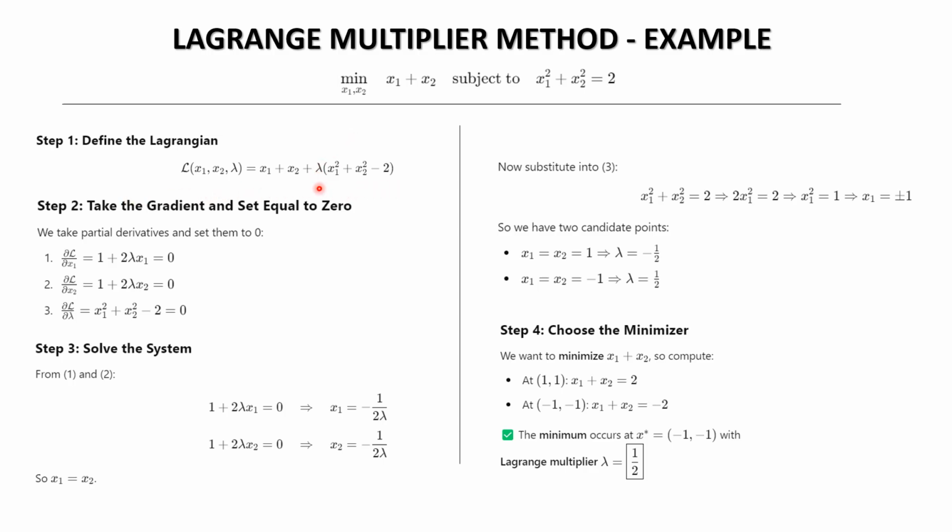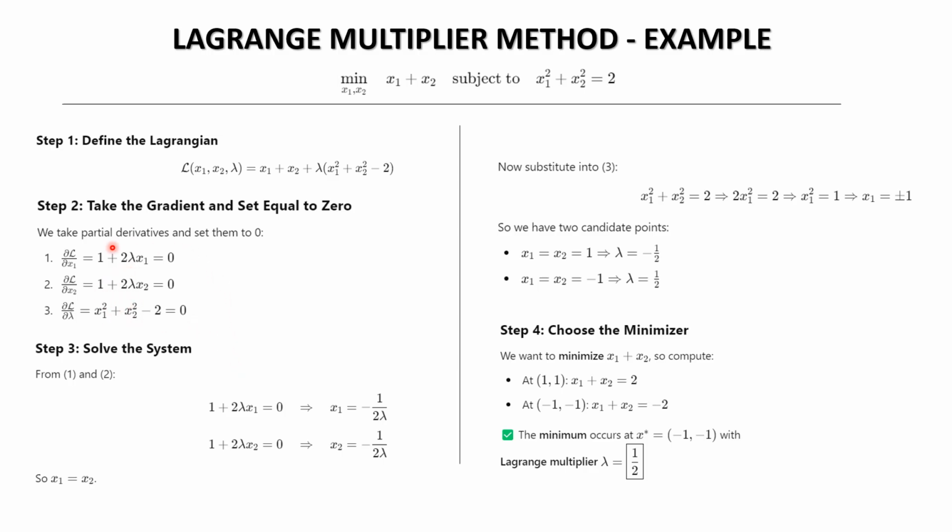So we have constructed the Lagrangian. Take the gradient and set it equal to 0. We take partial derivatives in the directions of x1, x2 and lambda of our constructed Lagrangian, and set each of them equal to 0.